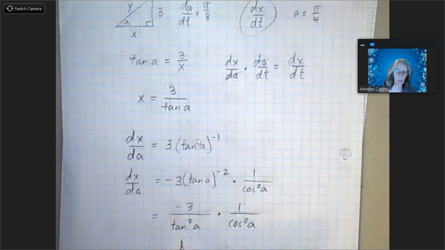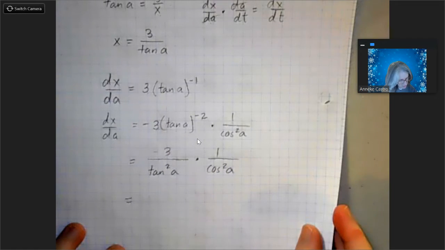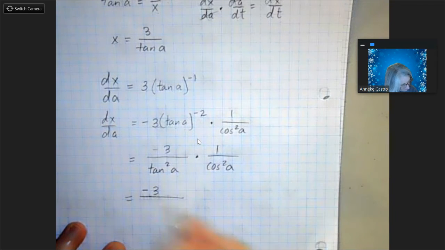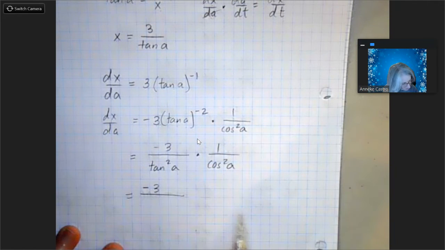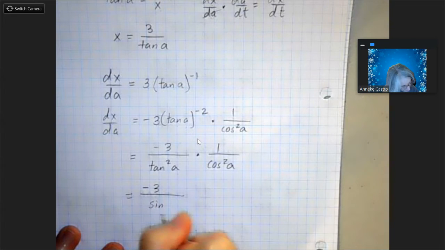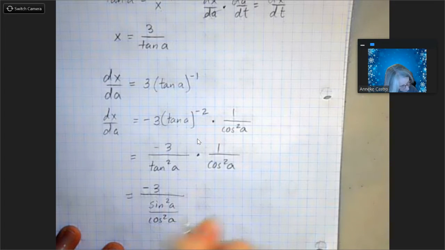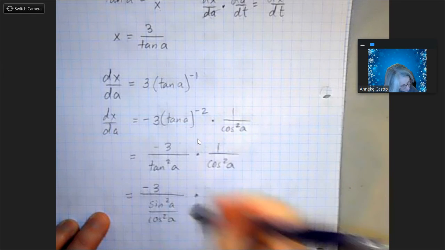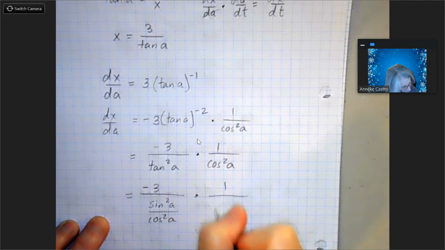And now you might remember from our warm-up that tangent can be written as sine over cosine. So if I change this, see, whenever I have tangent and cosine, or tangent and sine, I can actually do some reducing. So -3, don't lose those negatives. Tangent I can rewrite as sine over cosine, so sine squared over cosine squared times 1 over cosine squared.